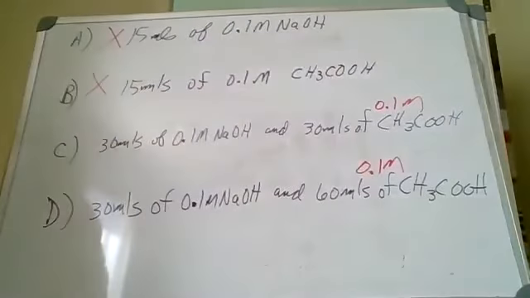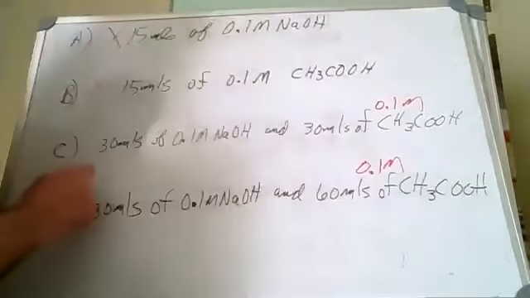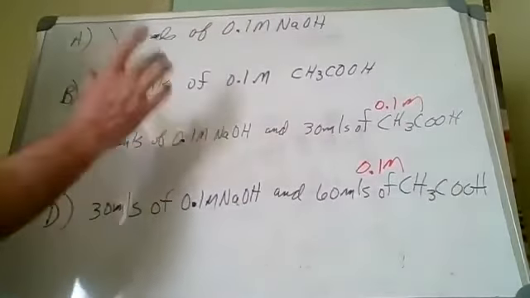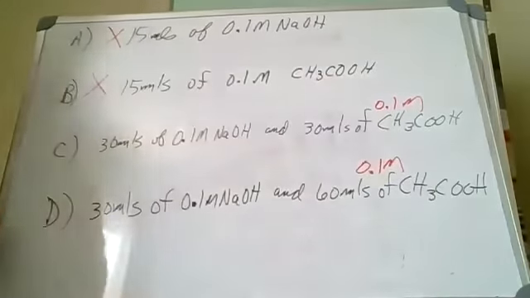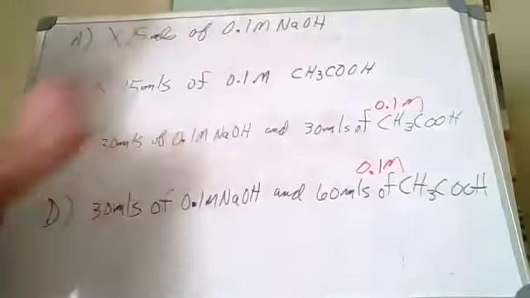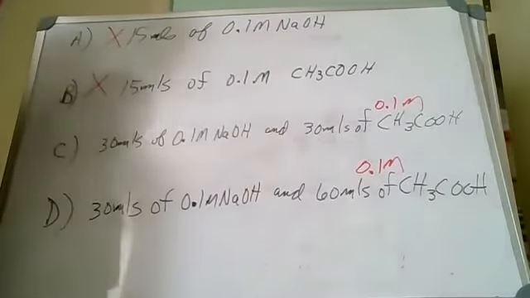Okay, now here I have 30 mils of strong base and 30 mils of weak acid, right? Now we should realize by now that the strong base will completely neutralize this. So we will know after we mix these, we won't have any molecules of acetic acid left. We'll only have acetate anions.